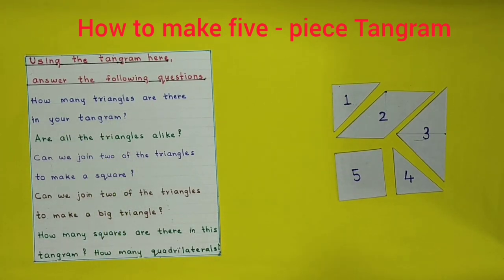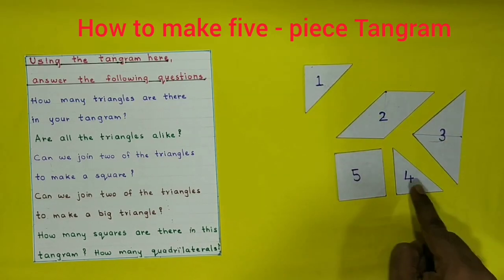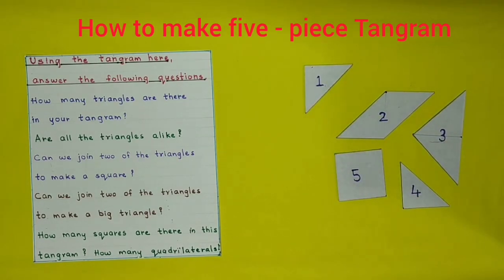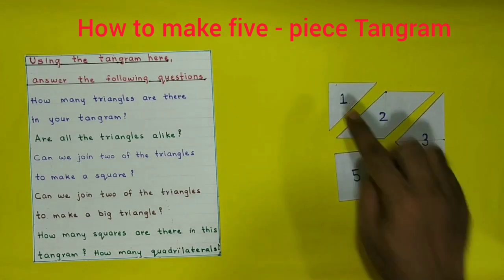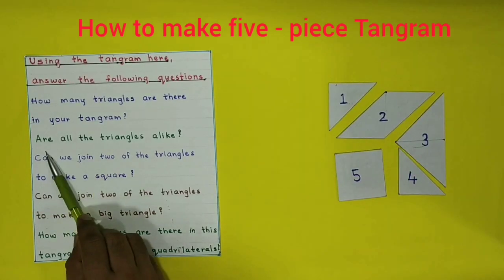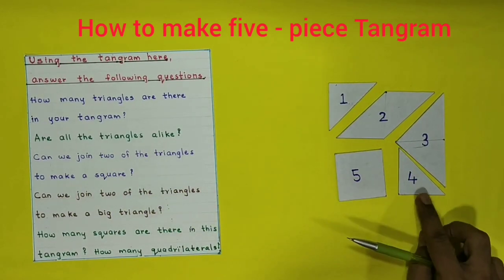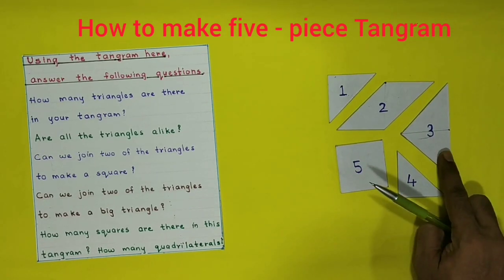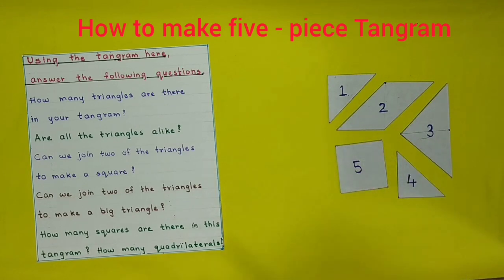You can see here: 1, 2 and 3 triangles. Our second question is, are all the triangles alike? See them properly. This is big, this is small, this is different. All of them are not the same.